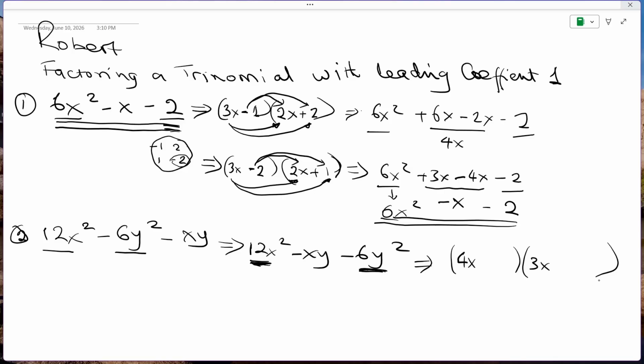And so we can break this out into 3y multiplied by 2y. But one of these has to be minus to give us minus 6y squared. So if we chose that to be the negative, then we'll get that value coming out. But now we have the task of trying to fit these two factors into our expression here. So let's suppose we choose that one first and say, let it go there, 3y. And then this positive 2y comes here.